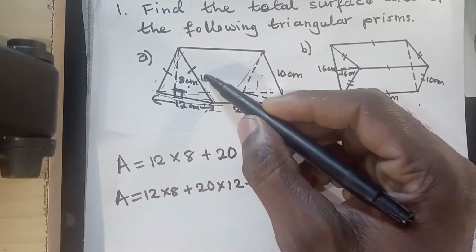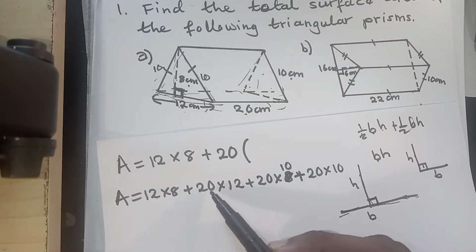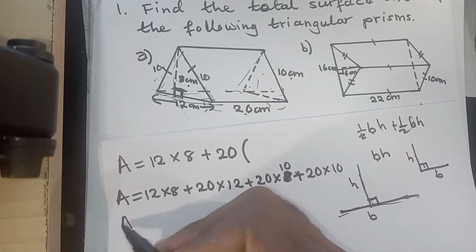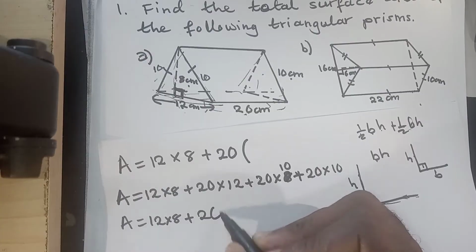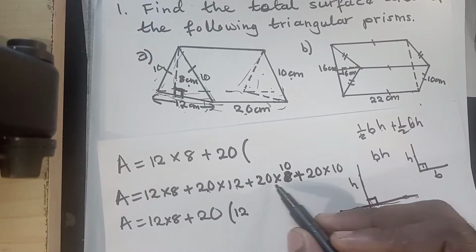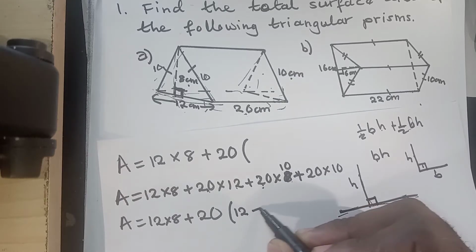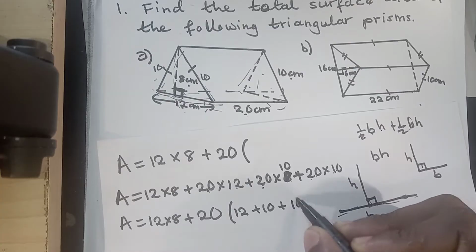Since this is 10, just like this, and this one is also 10. So now when you factor the 20 out here, you have something like 12 multiplied by 8 plus 20. When I factor out a 20 here, I'll remain with a 12. When I factor out a 20 here, I'll remain with a 10. When I factor out a 20 here, I'll remain with another 10.